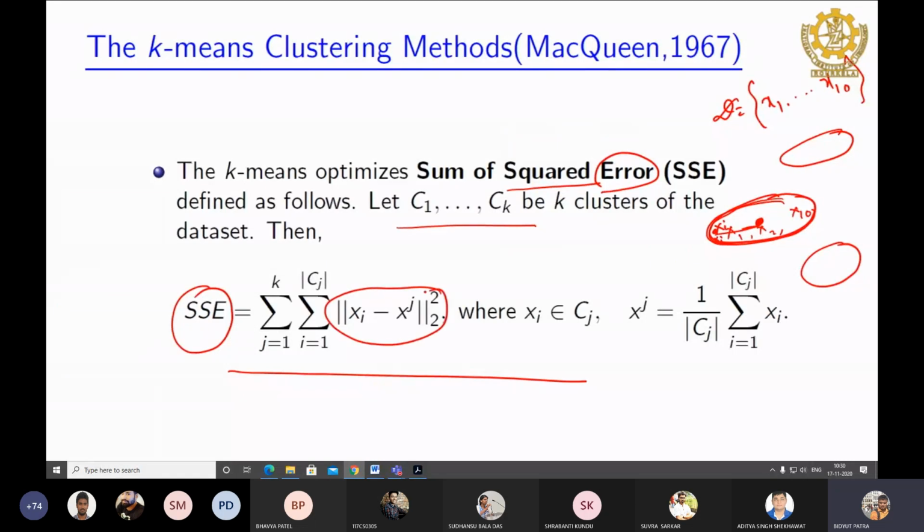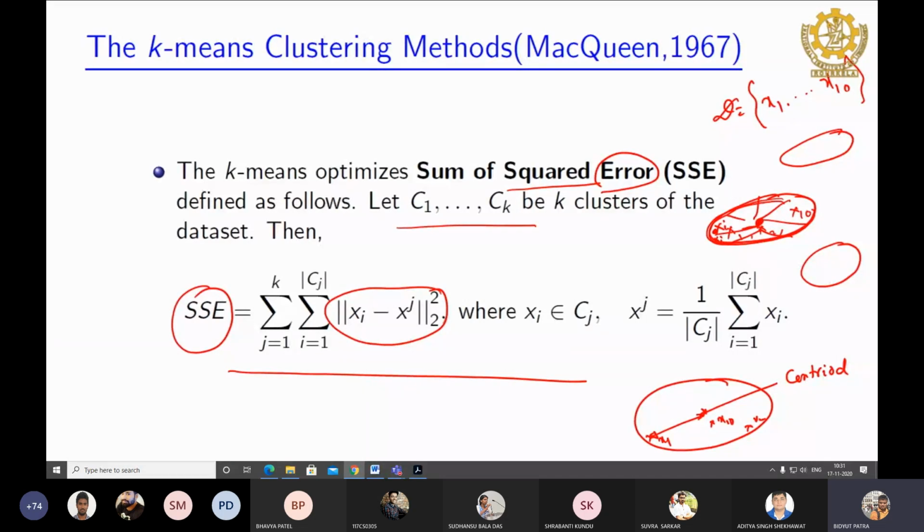And you have to do this for all points. We compute the error, which means we compute the distance from the point. Suppose you have a cluster here. This is the centroid. And you have a point x1, a point x2, a point x10, and so on. You compute this distance, which is the Euclidean distance.